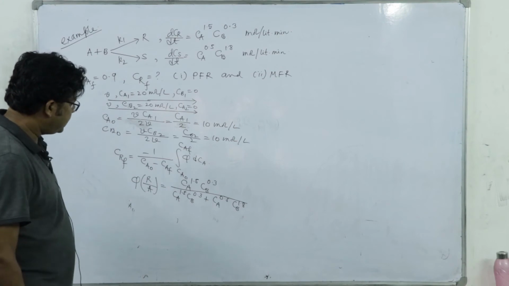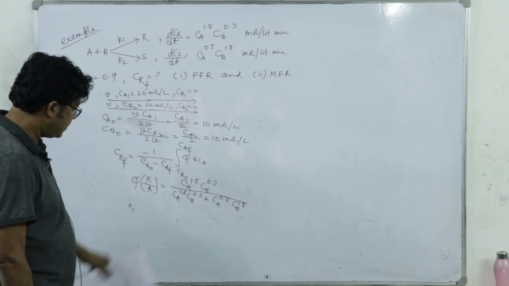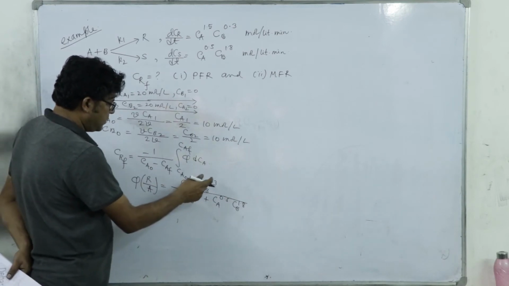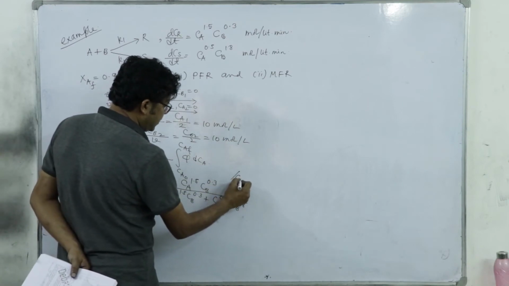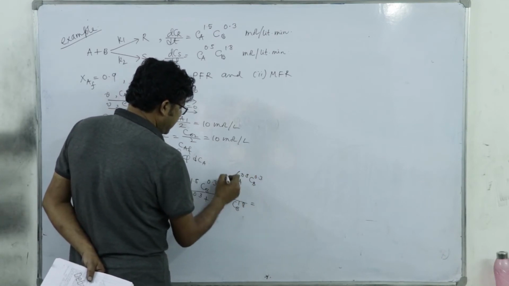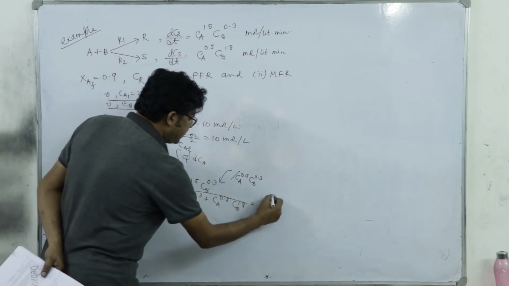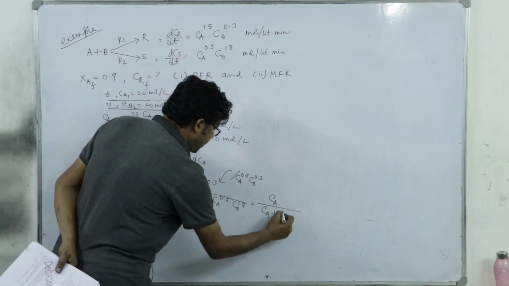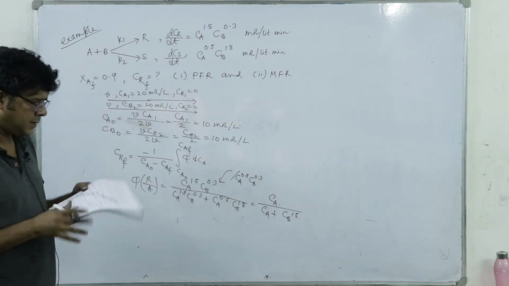If I divide the numerator and denominator by Ca to the power 0.5, Cb to the power 0.3, the numerator becomes Ca, and the result is Ca divided by Ca plus Cb to the power 1.5.